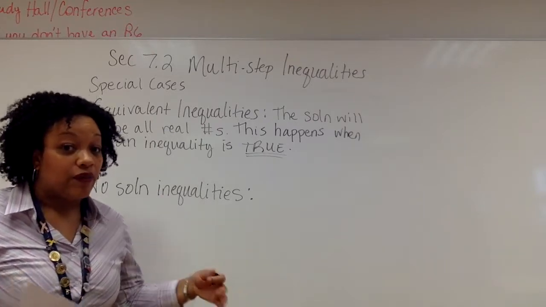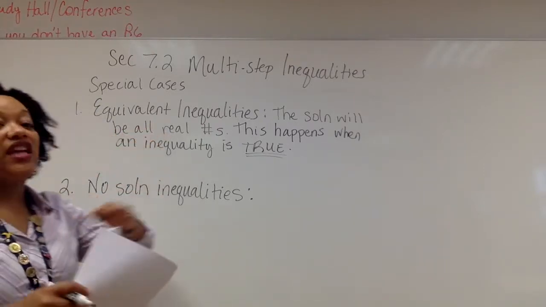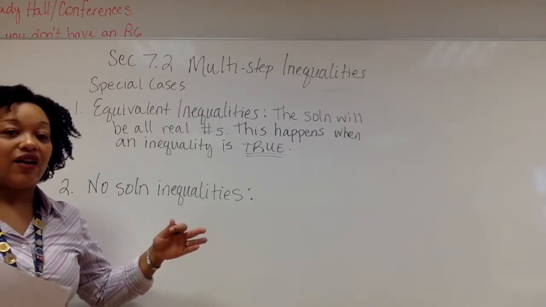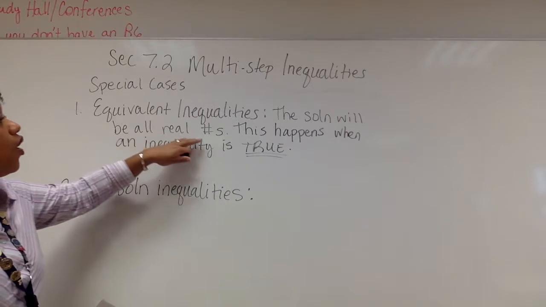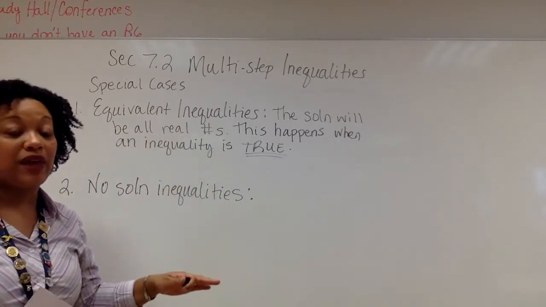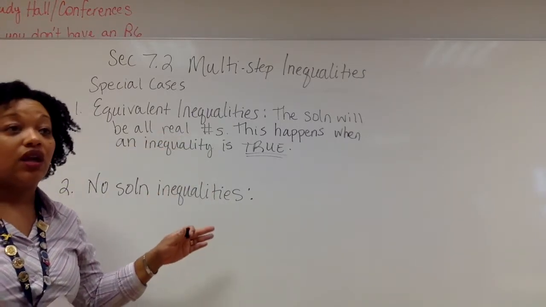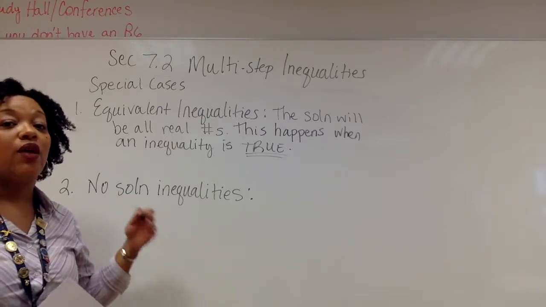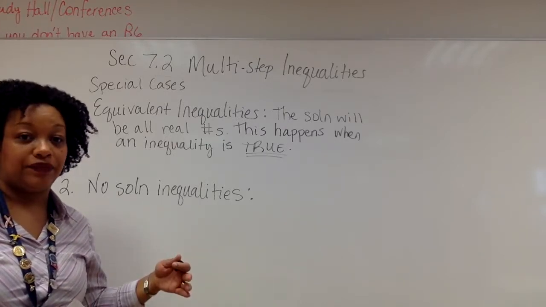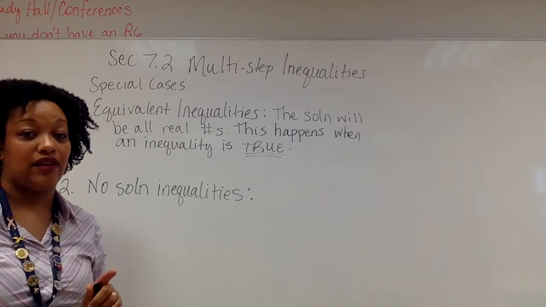Any number. So that means your solution is an infinite number of numbers. So your solution is all real numbers. Any number that you pick, big, small, little, negative, positive, decimal, what have you, would give you a true inequality. Okay, so that's equivalent inequalities.